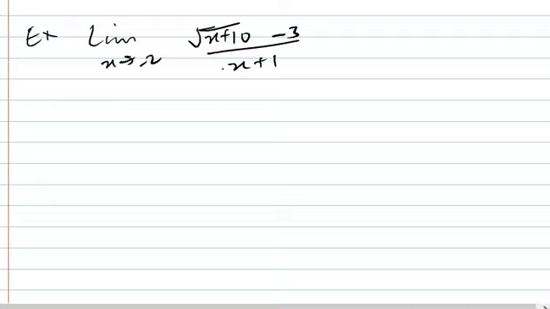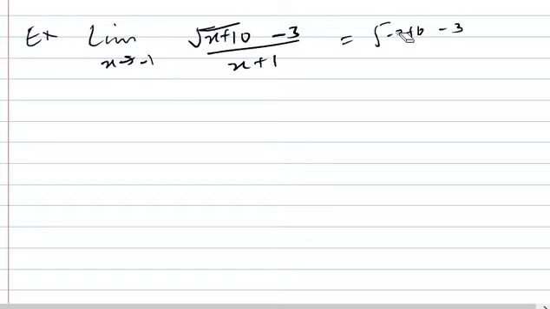So it's very easy. If you put -2 using substitution, it's not going to give us the answer. Sorry, I mean x approaches -1.